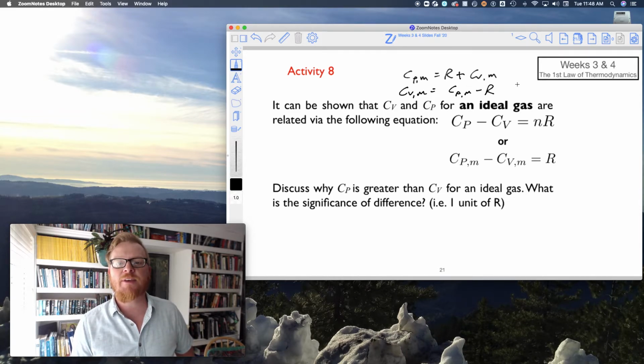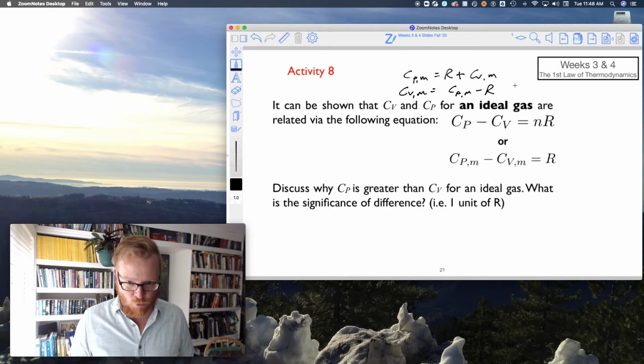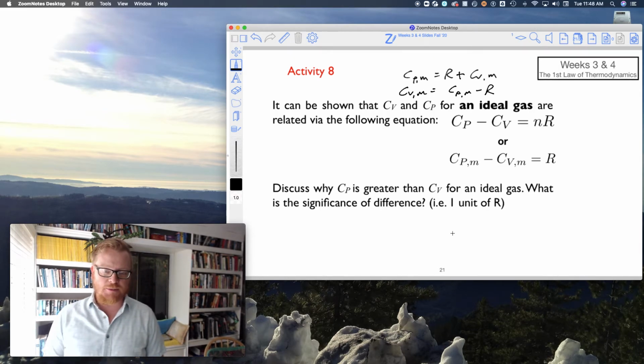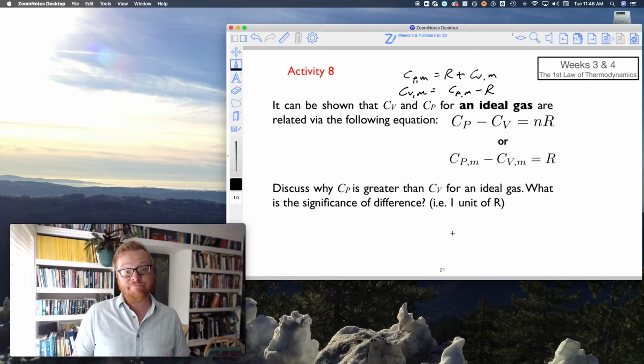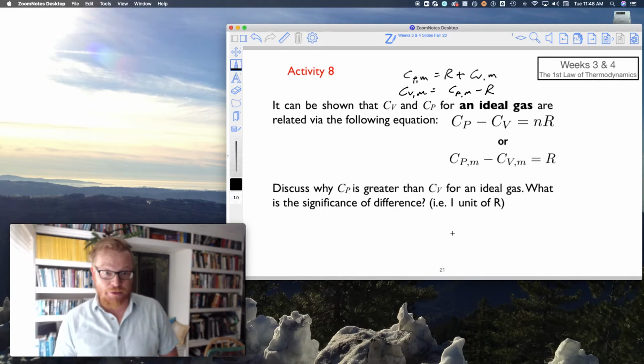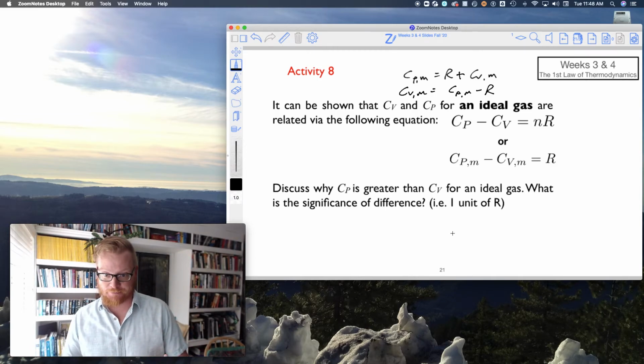So CV is less than CP because when volume is being held fixed, there's no expansion work that requires an input of energy. Okay, and so what's the significance of one unit of R? Two degrees of freedom. And what are those two degrees of freedom? Those two degrees of freedom are either changing the volume or changing the pressure, okay?